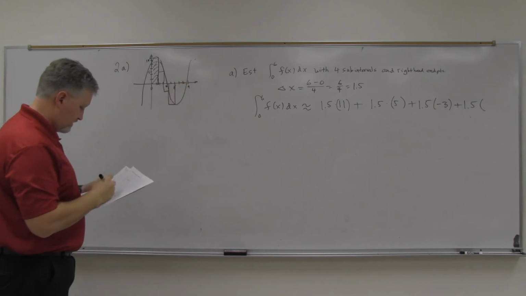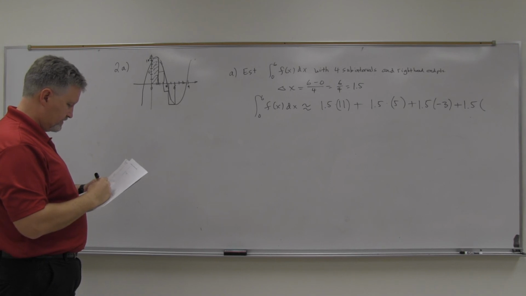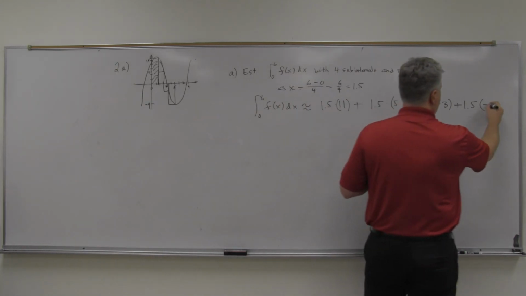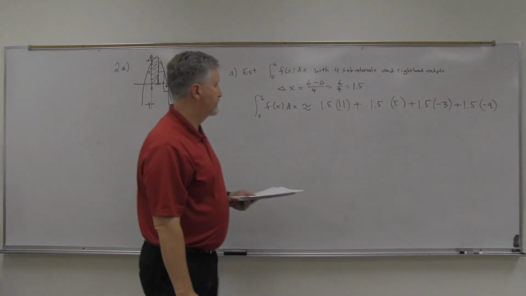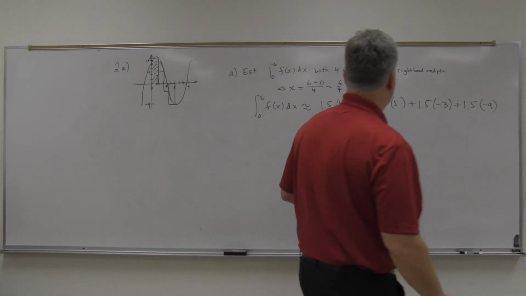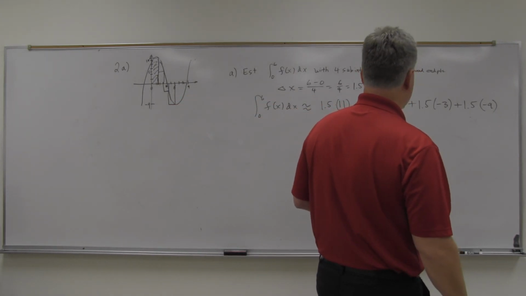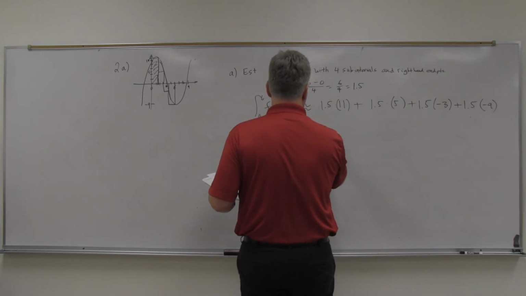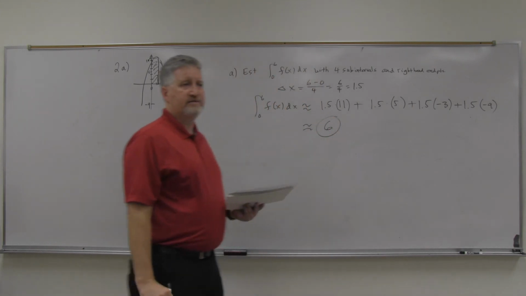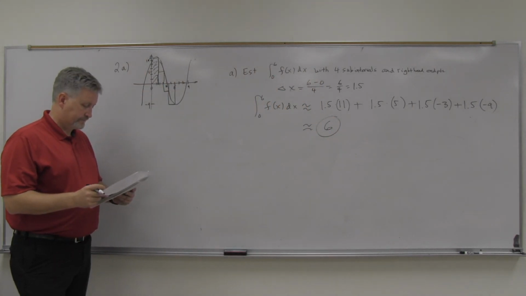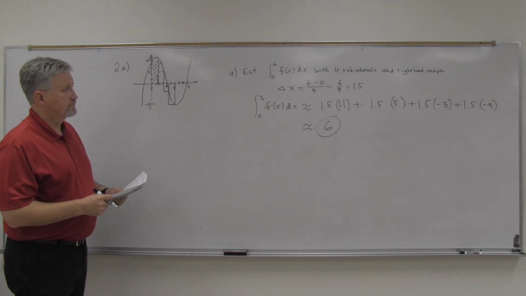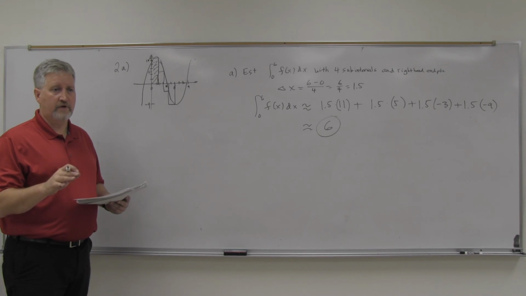So that height there is about, let's go to negative 9. So about a negative 9 there. With me? All right, so if you do all the calculations there, it'd be about 6. Okay? Believe that?